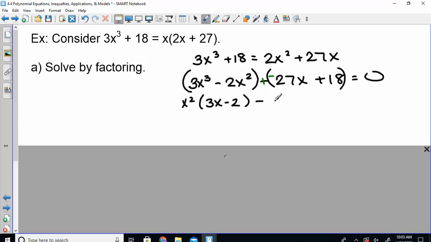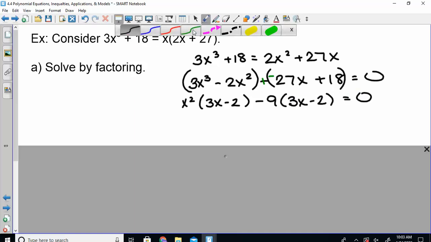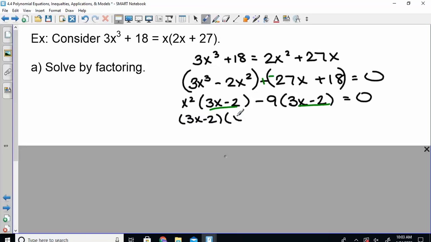We want this to be a positive 3x, so let's take out negative 9. That would be a positive 3x minus 2. Grouping works when these parentheses match, so we're in good shape there. Now you take out the 3x minus 2, and we're left with x squared minus 9.